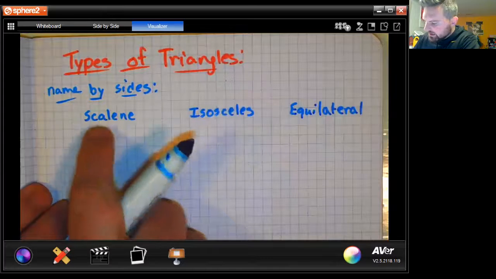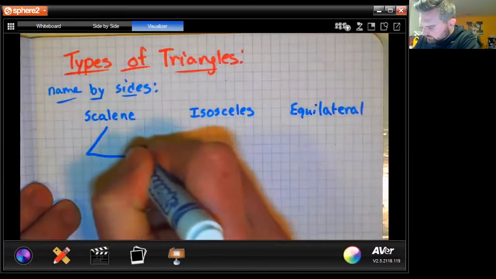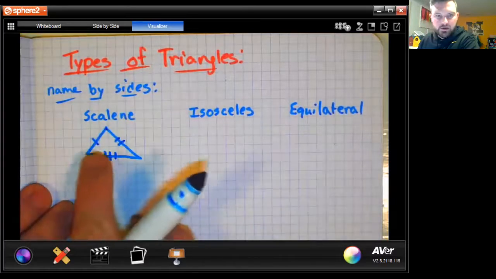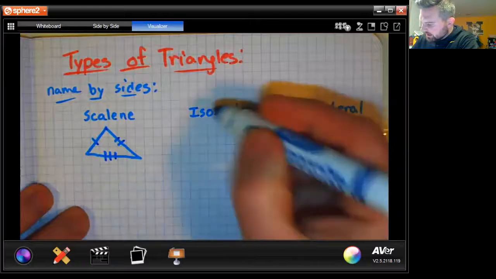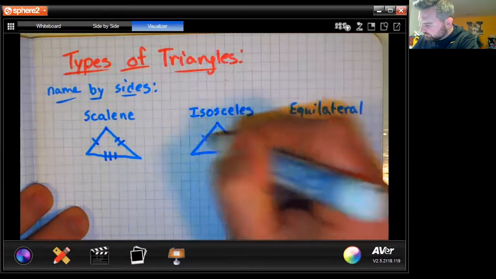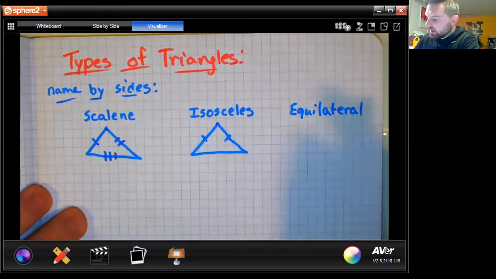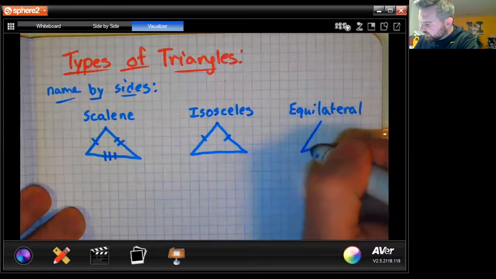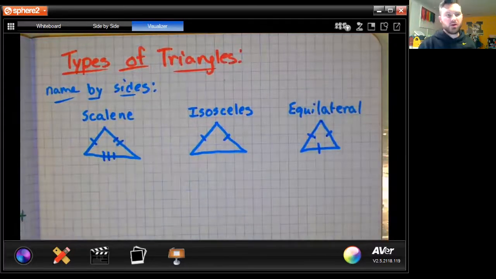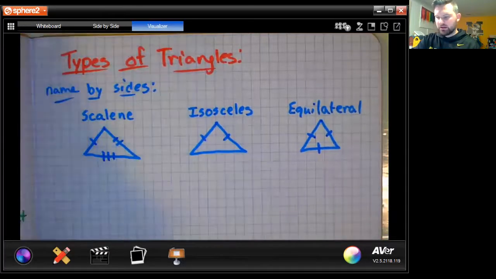Okay, a scalene, none of the sides are the same. Okay, so this shows that all three sides are different. An isosceles triangle has two sides the same. And then this one will be different, but I don't need to put one there. And an equilateral has all three sides the same. Okay, and remember, we don't go off of looks, we go off of the notation that is written there.